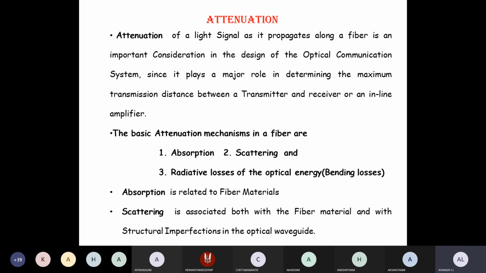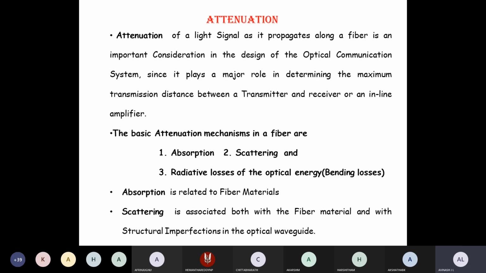So here, scattering. Scattering means what? When a light, a narrow beam, is getting scattered into many beams, that particular process is called what? Scattering. So this may occur with respect to the material we are choosing, that is, the fiber material.